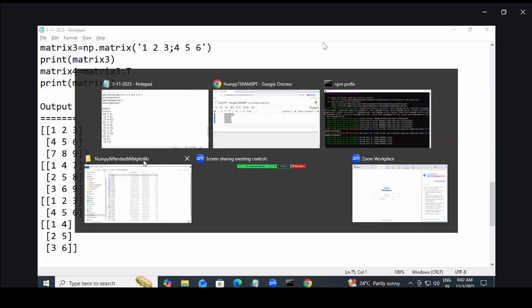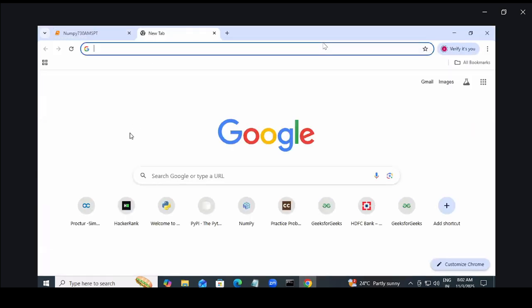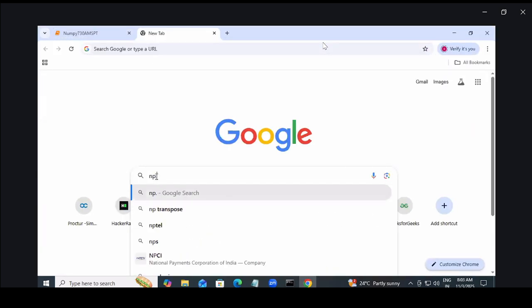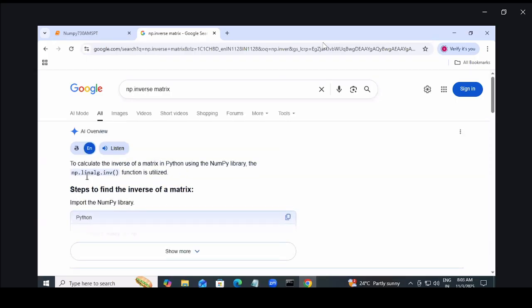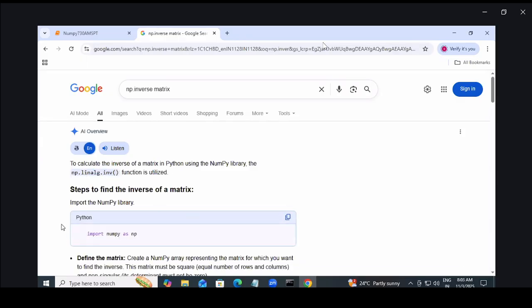There is a function called inverse in NumPy. To calculate the inverse of the matrix, Python uses the NumPy library, that is the np.linalg.inv function.